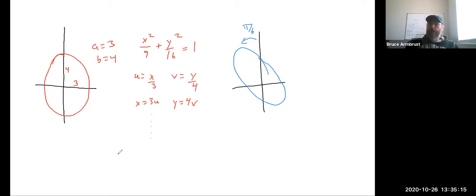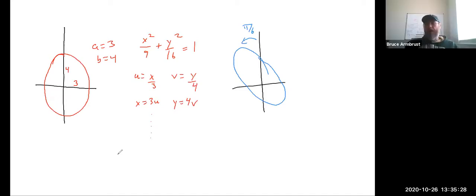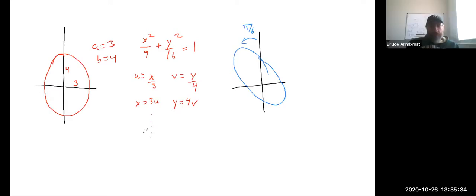All right, well, how do you think we're going to rotate pi over 6? Convert it to polar. Throw in pi over 6 into our cosine and sine. Okay, I definitely like that kind of idea, because if we were, let's go back to just polar.